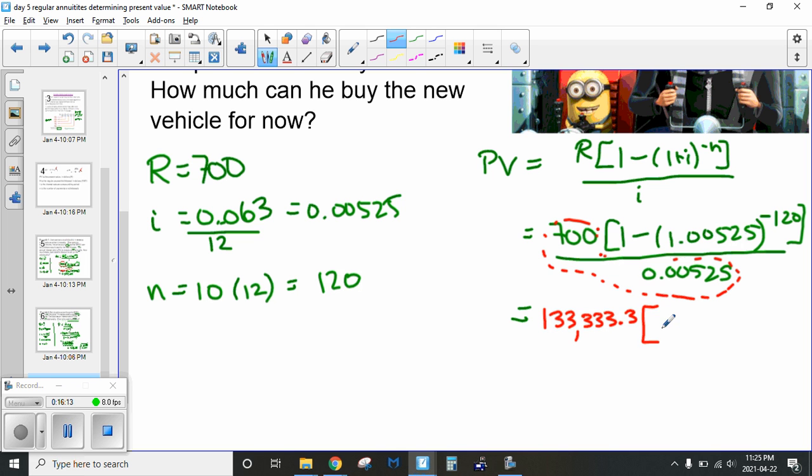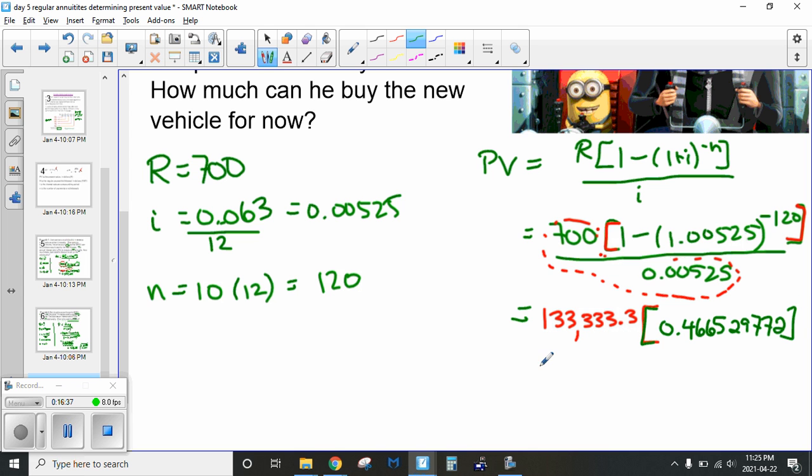This square bracket, all of that is going to be typed in one big step. One take away the base to the exponent negative 120. And the answer I get for that part is 0.466529772.